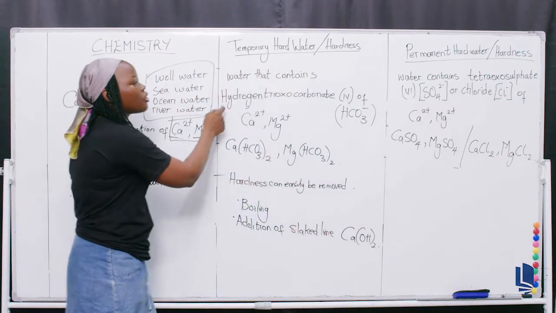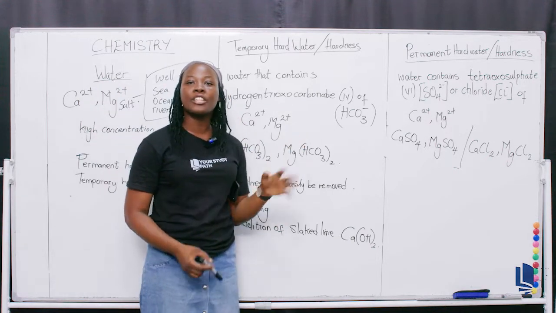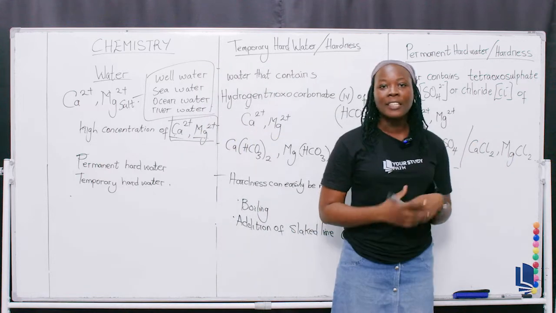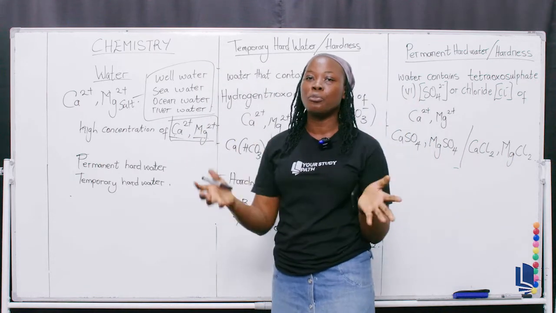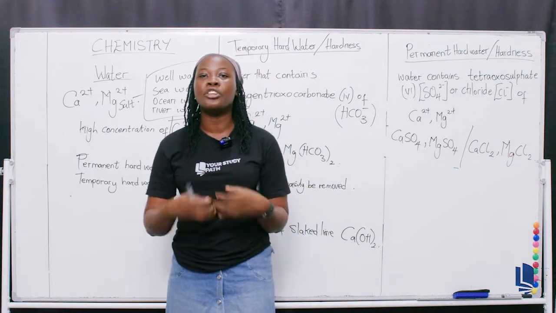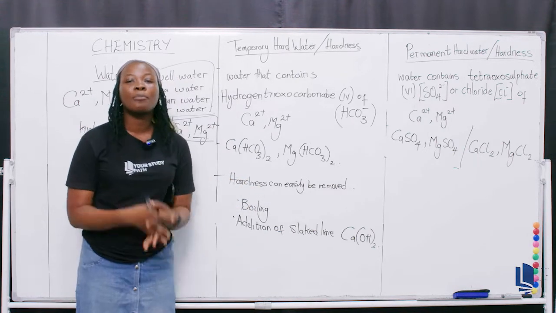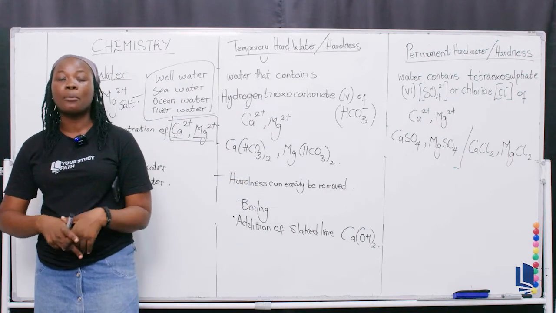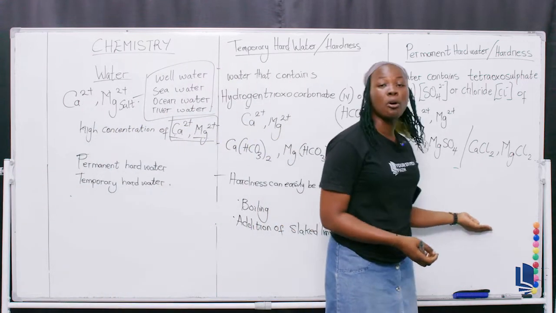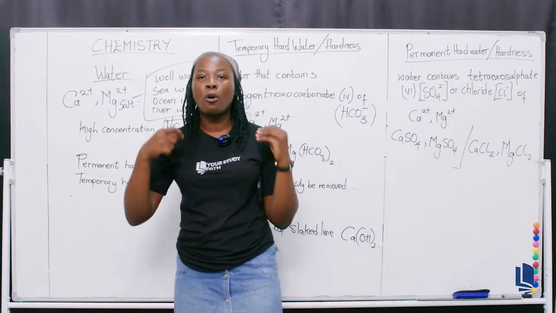So permanent hardness contains tetraoxosulfate(VI) or chloride of magnesium ion and calcium ion, whereas temporary hardness will contain hydrogen trioxocarbonate of either calcium or magnesium ion. And as the word goes, permanent, that means it cannot easily be removed. It is not that it cannot be removed at all, rather it cannot easily be removed. Unlike temporary water, where the hardness can be removed by boiling, boiling cannot solve the issue of hardness in permanent hard water, rather the use of chemicals.